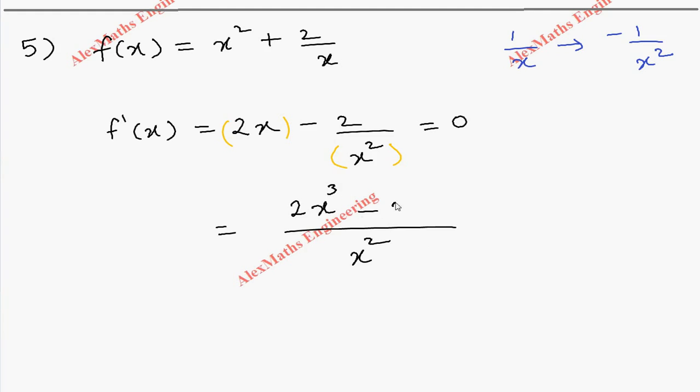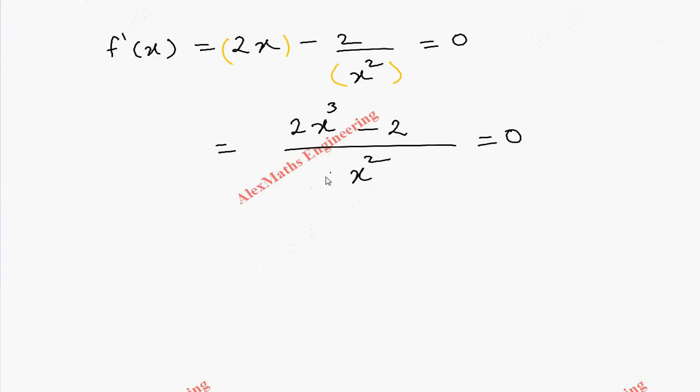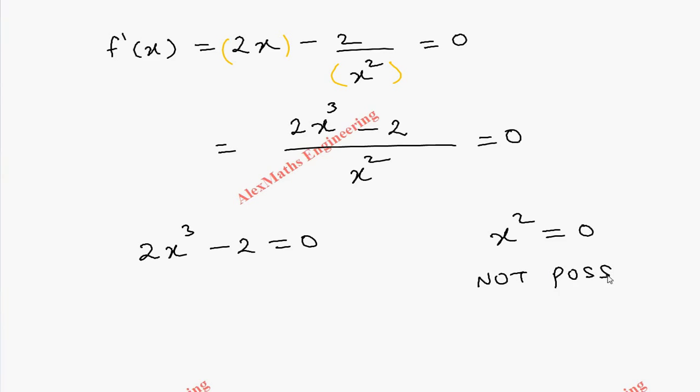Then we have minus 2, and we have to equate to 0. Here we can equate the numerator to 0 and denominator to 0 separately. But here this is not possible, because if I take this as 0, then x will be 0.